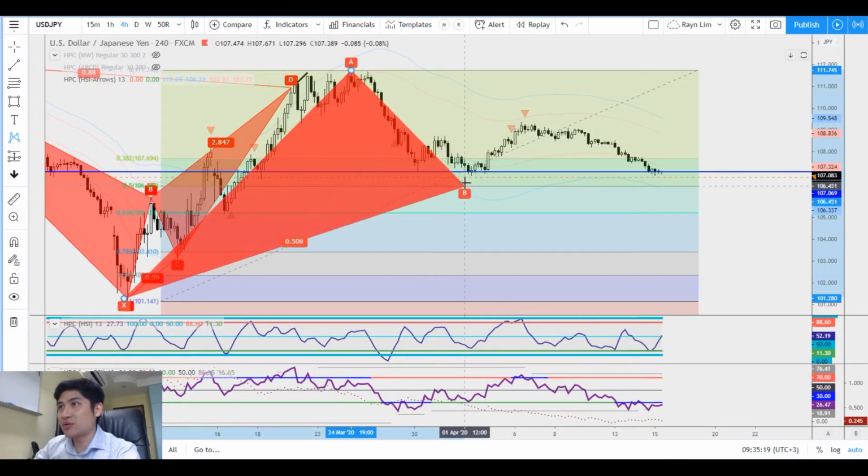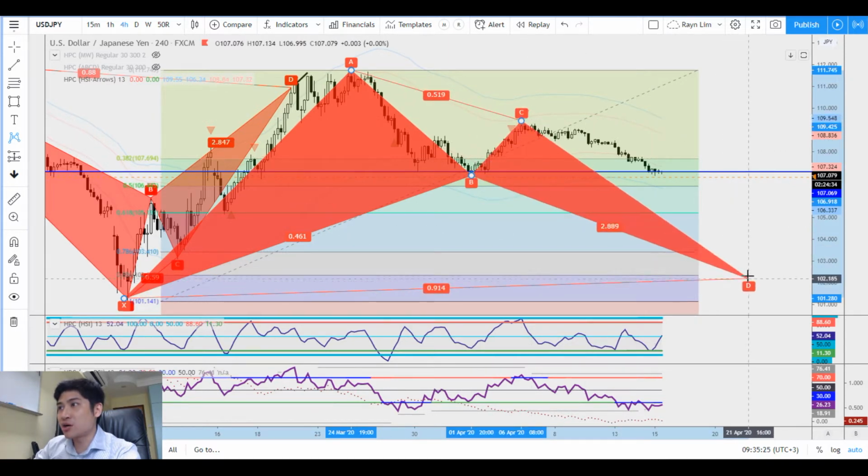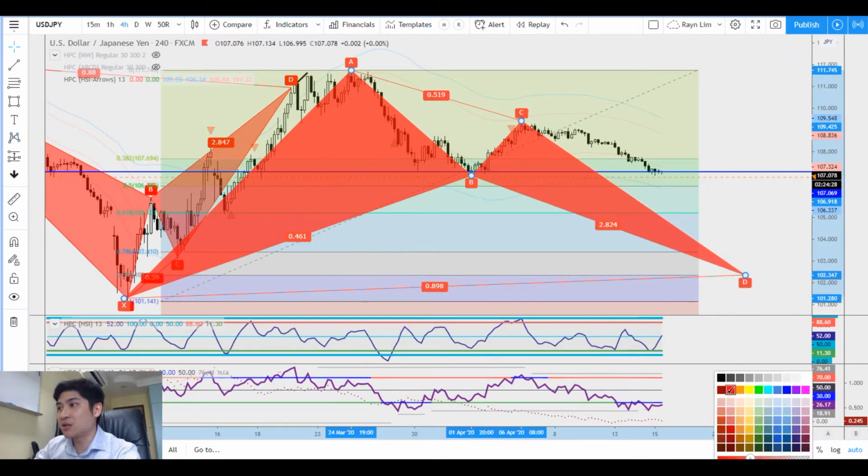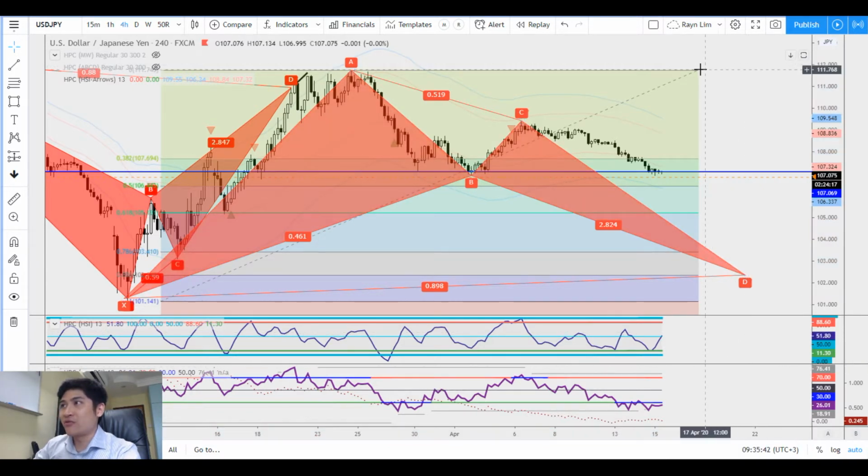So one thing you have to take note of is that it is not a bat until it touches the D price. And I'm doing a shortcut. In fact, there are about 19 rules to draw a correct bat pattern. So right now I'm using 16, 17 of the rules.